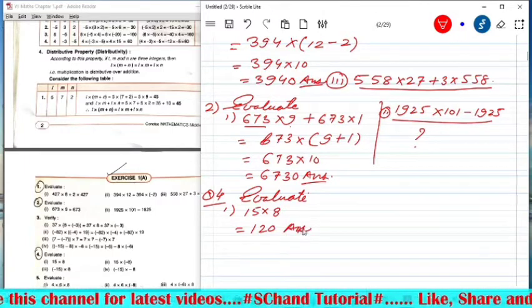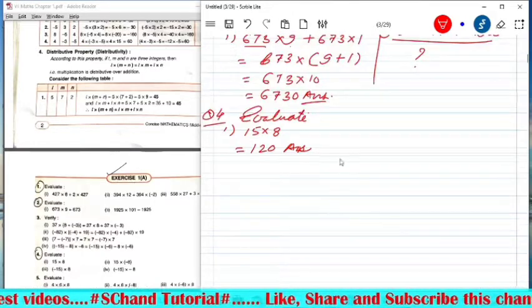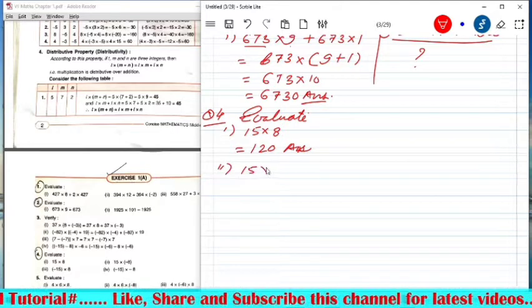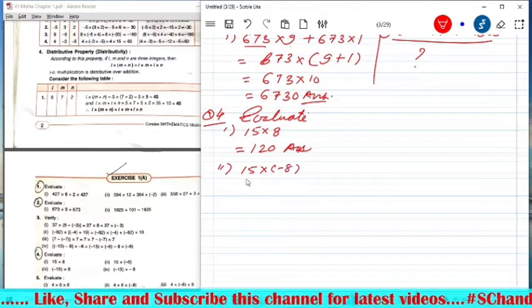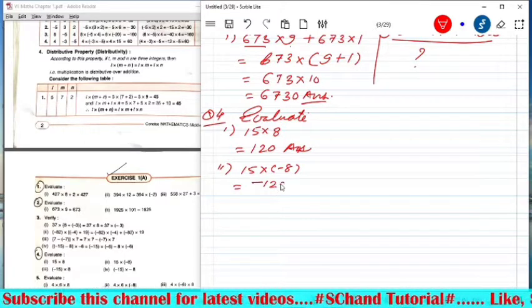Here we have multiplied the two integers 15 and 8. Then we have number 2, 15 into minus 8. So here positive and negative, so answer will be negative, so it is minus 120 answer.